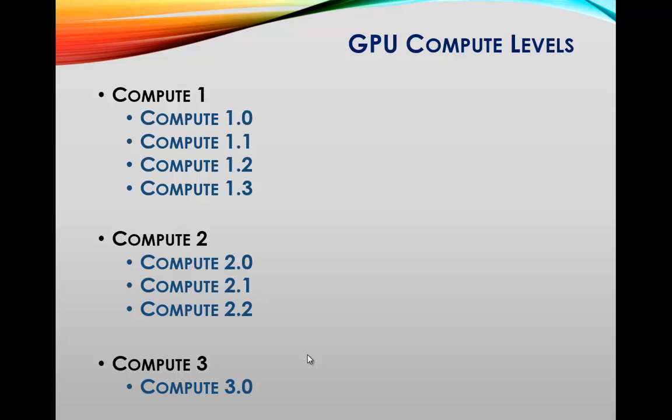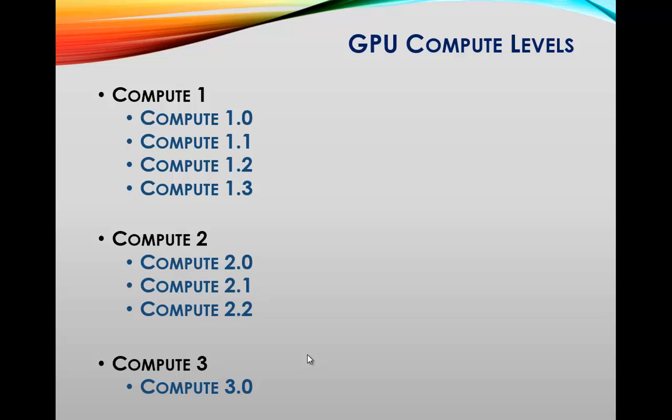If you go to the CUDA capable GPU link on the CUDA developer website, you would see that next to each of the graphics cards there's a number, and that number is the compute level integrated within the hardware on that graphics card.